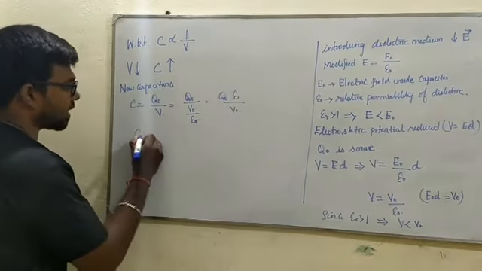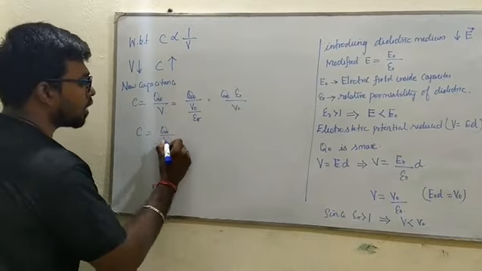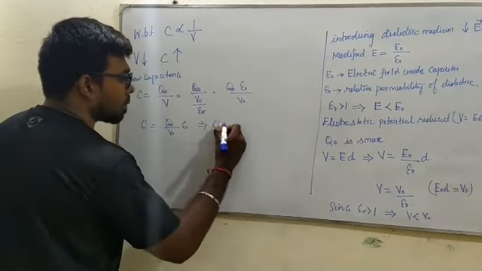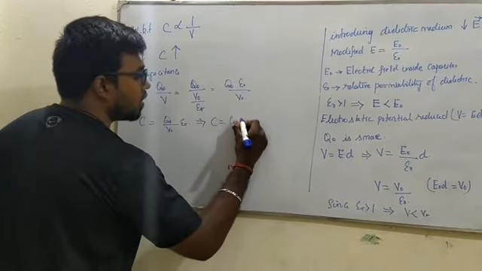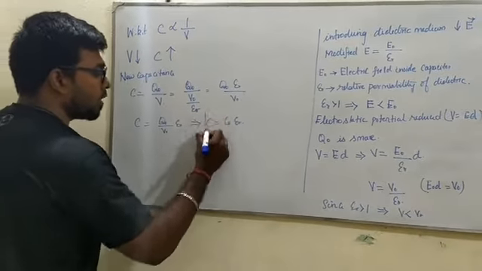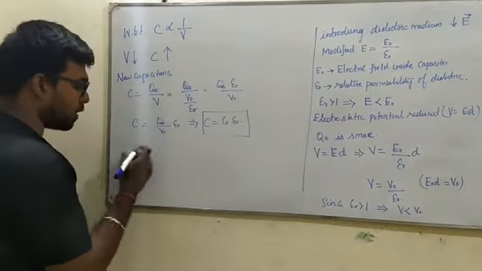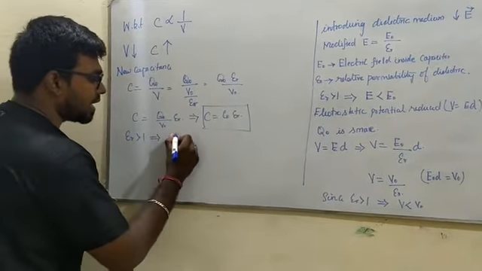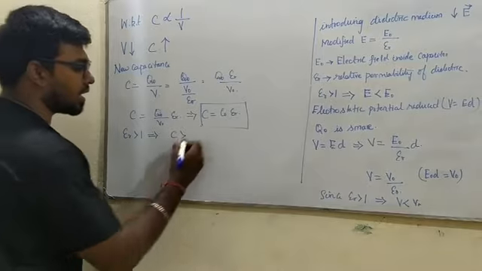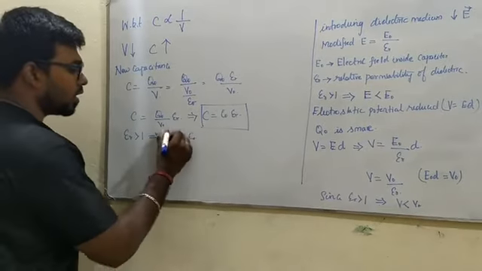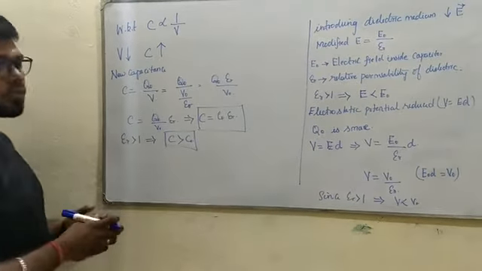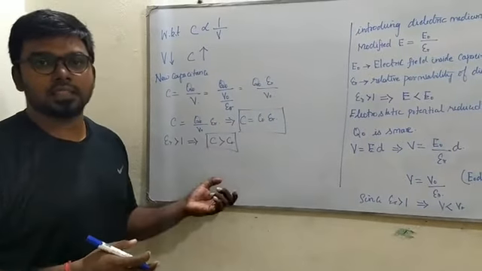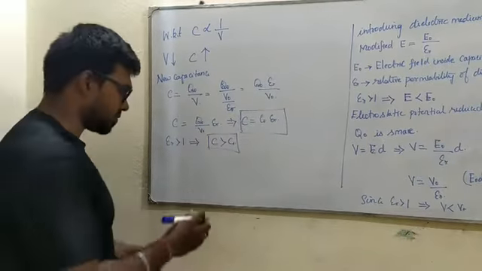So we can write C equal to Q naught by V naught into epsilon r, which implies that the new capacitance is equal to C naught into epsilon r. We know that epsilon r is greater than 1, so the new capacitance is greater than the old one. Thus, when we introduce a dielectric medium, the capacitance increases.